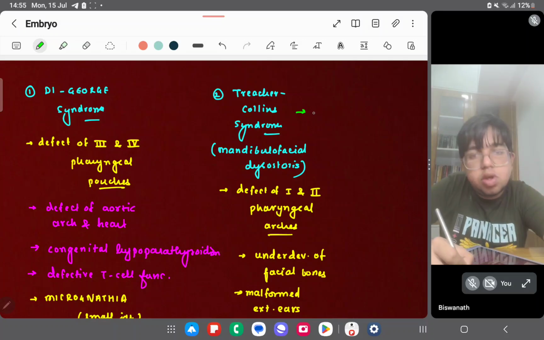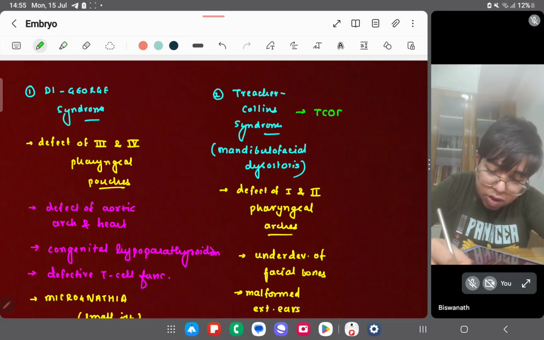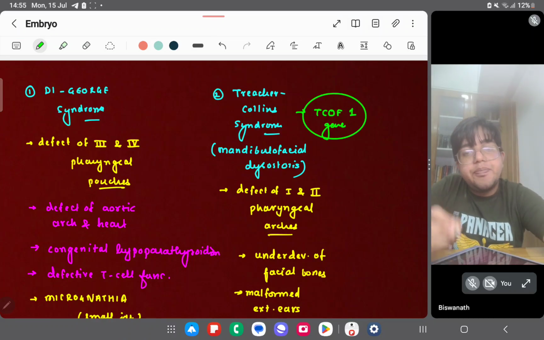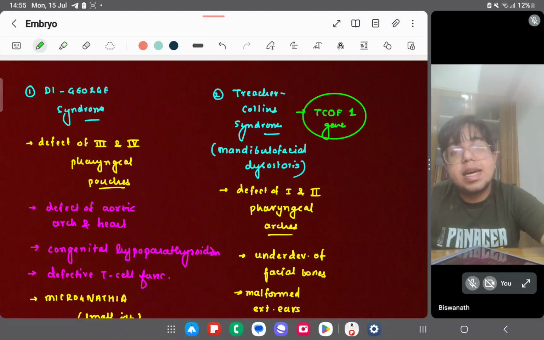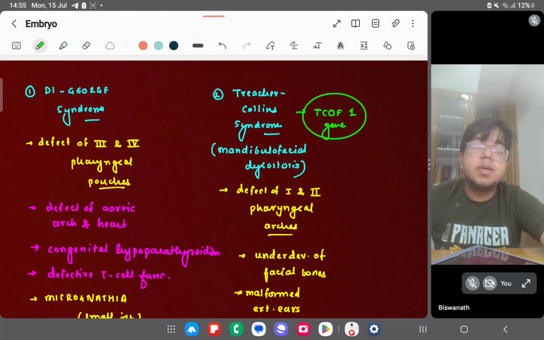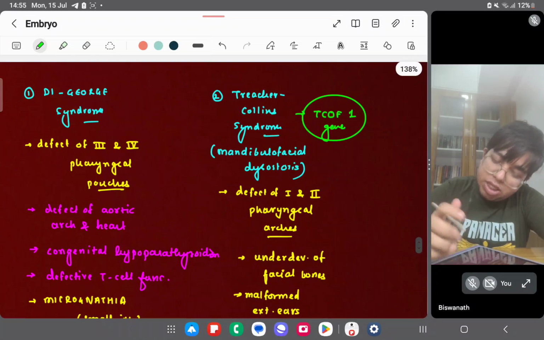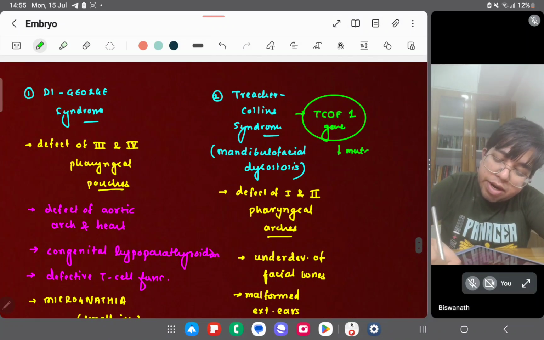Not much important. Just remember TCOF1 gene defect. There's a mutation in the TCOF1 gene, and due to this, your neural crest cells are not properly differentiated.